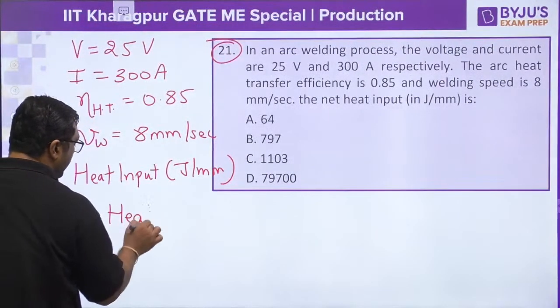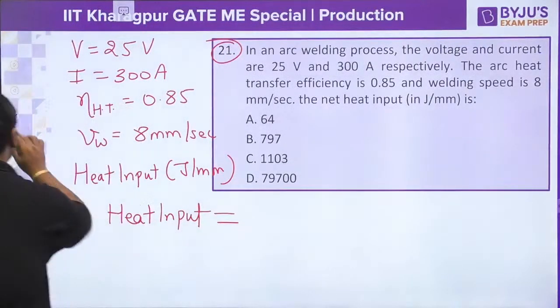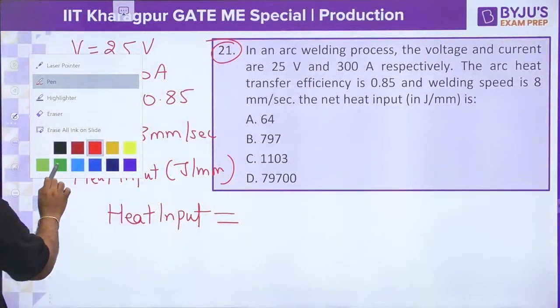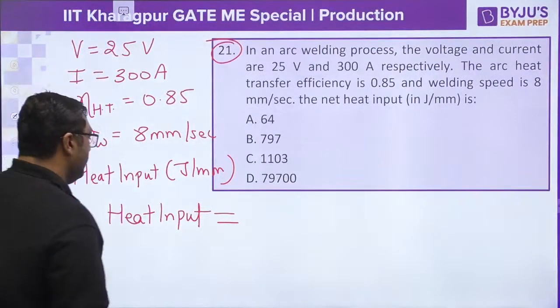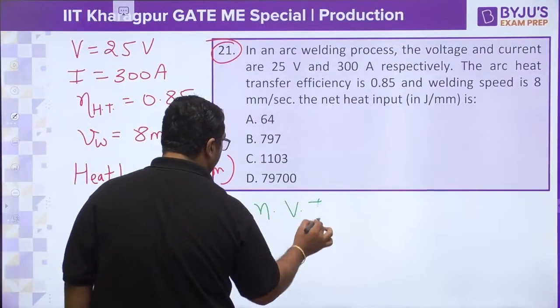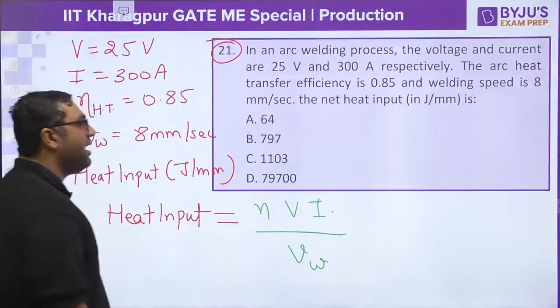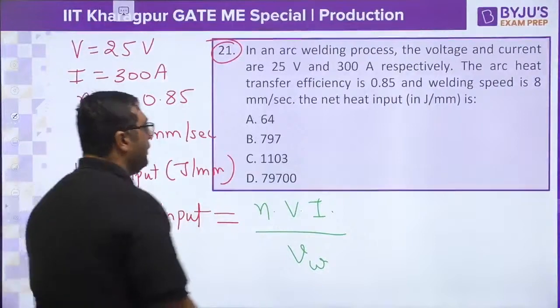So when you want to find out heat input, first of all, efficiency times V into I divided by welding speed, because they have asked answer in joule per mm.